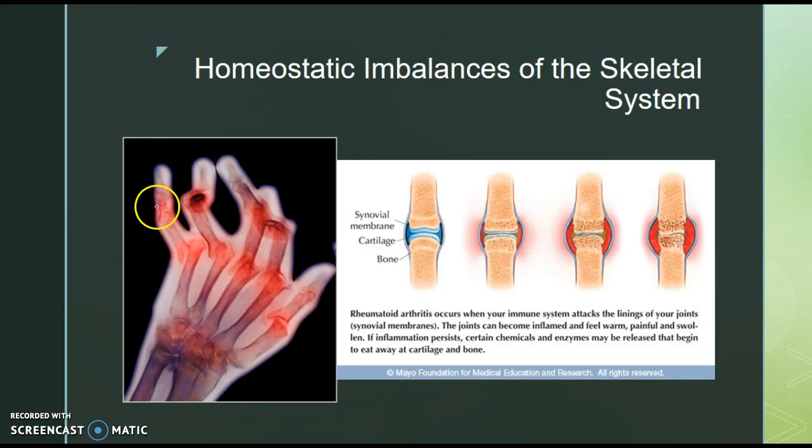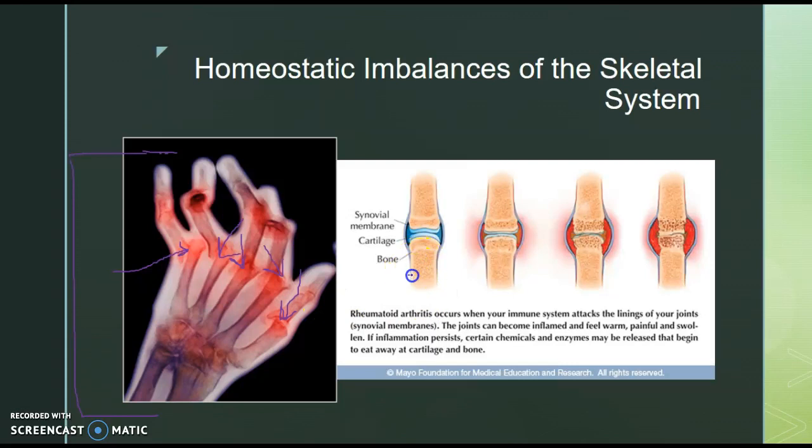As you can see here, this is an x-ray of someone that has rheumatoid arthritis. A lot of times you see it very prevalent in the hand. It's very sad. A good treatment for this is steroid injections, and they literally will inject steroids into the joint space to try to stop any degeneration.